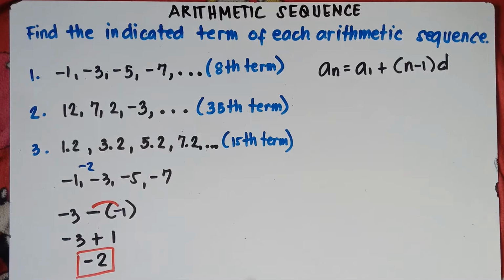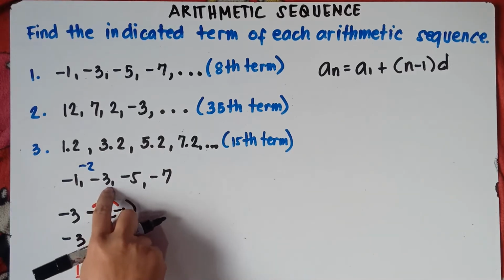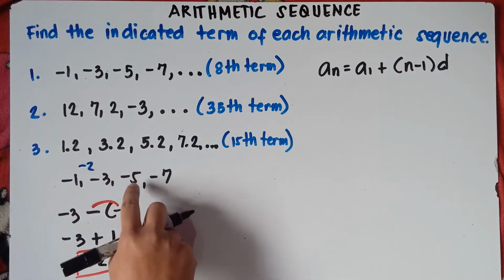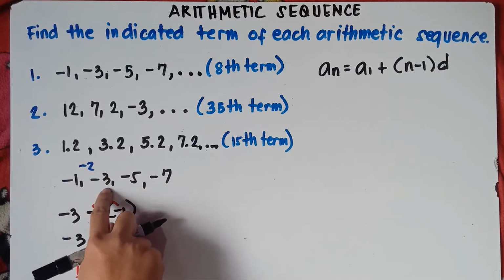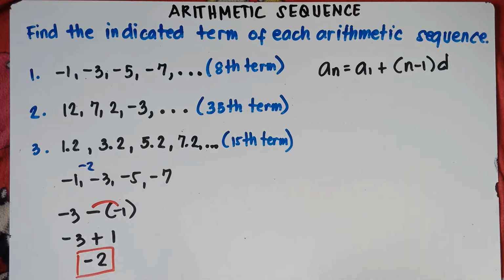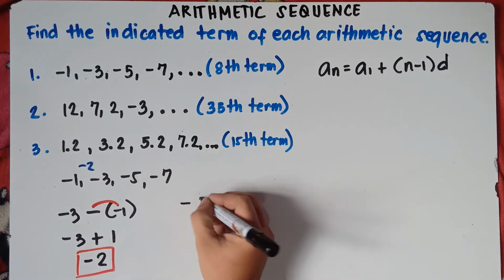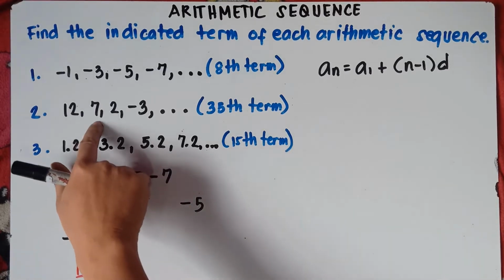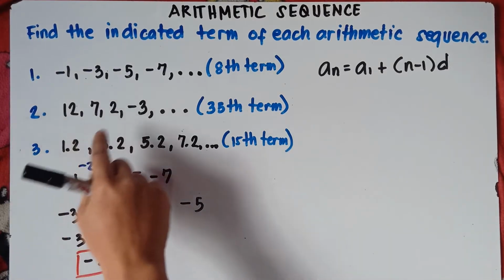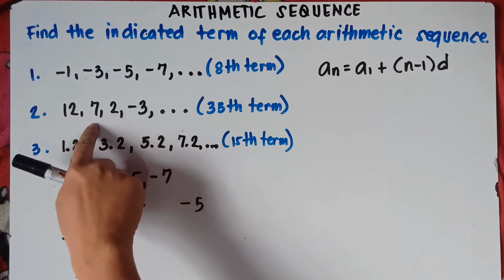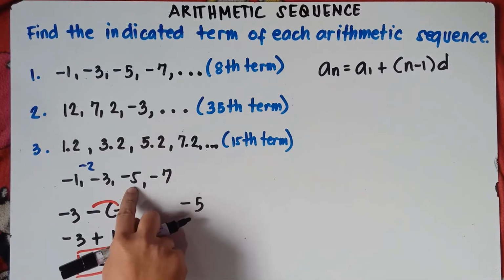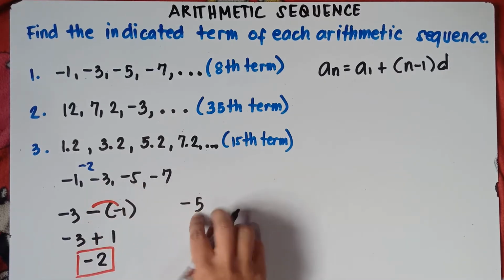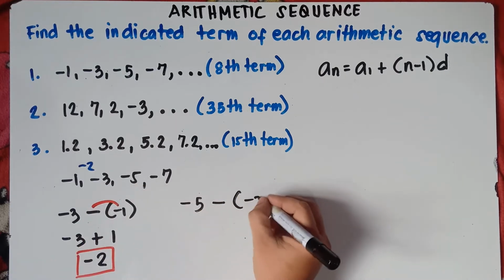So you can also check, class, subtracting the second term by the first term, your common difference is negative 2. You also check, class, third term minus the second term to see if they really have the same common difference. So negative 5 minus the negative 3.